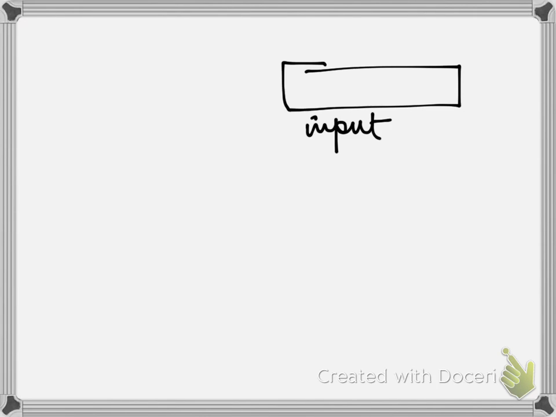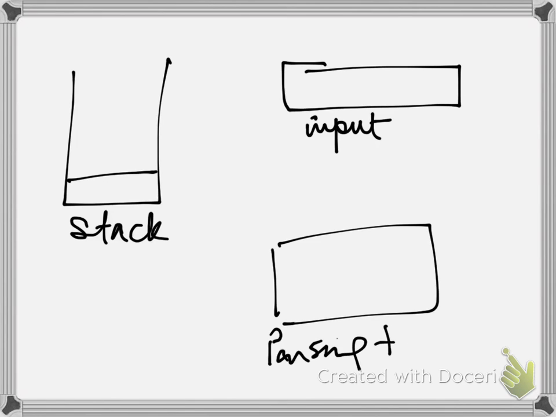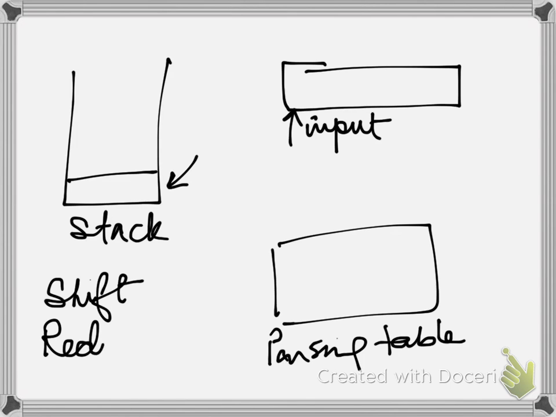Just like in top-down parsers, you have the input buffer, where the input is kept. Then you have a stack, and you have a parsing table. The parsing table will tell you how to look at the stack and how to look at the input, and then make a decision whether to shift or to reduce.